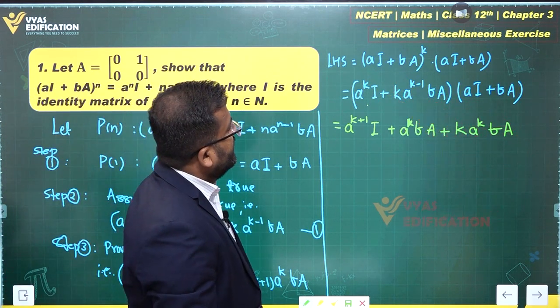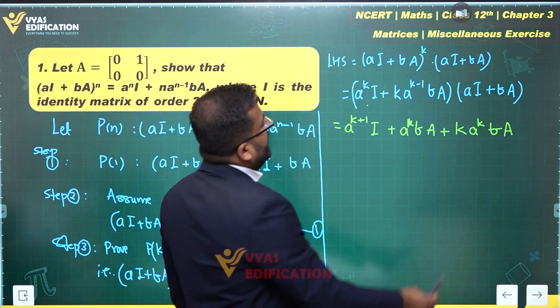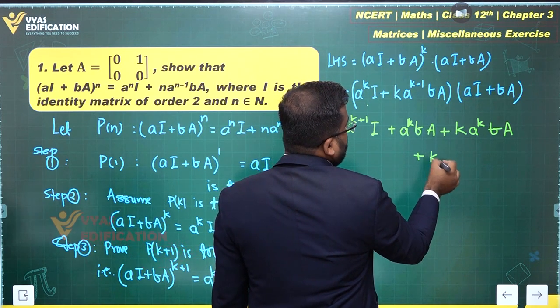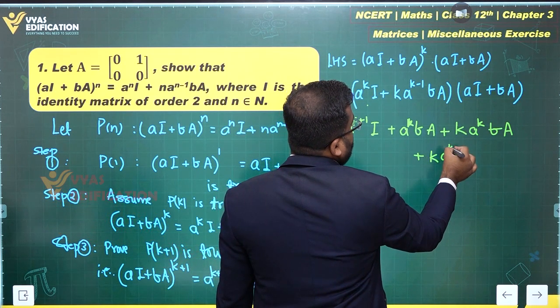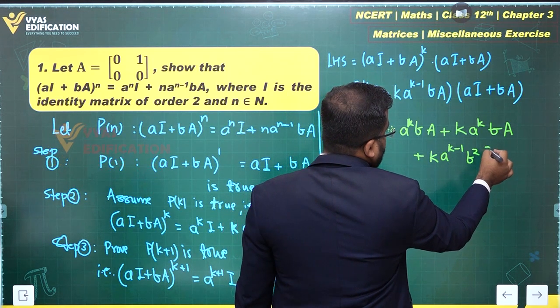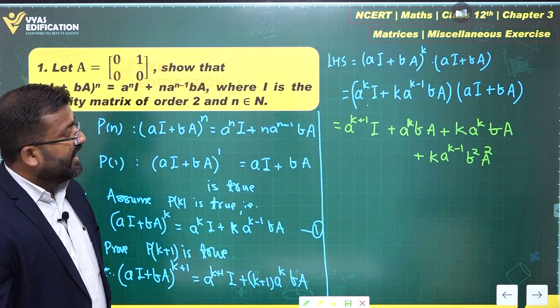What next? The next thing that we get over here is this multiplied by this. And what is this equal to? k times a^(k-1) b squared times a, which is a squared over here. That's the last term. Those are the 4 terms that we get.